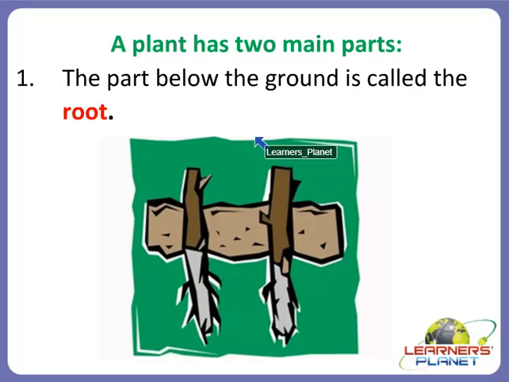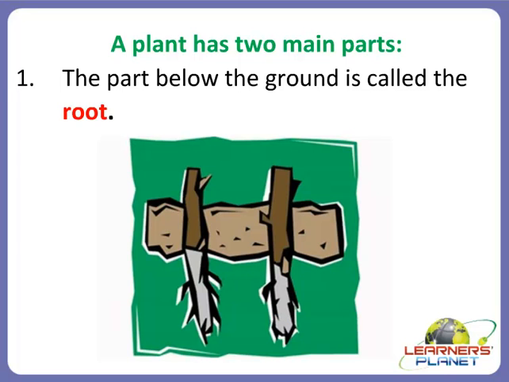So children, this is a picture of roots. Okay children, so we can see that this is the soil, this is the ground. So the part below this ground is called root.